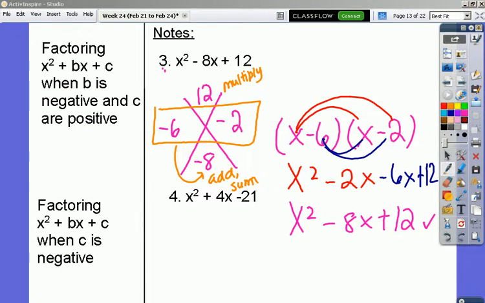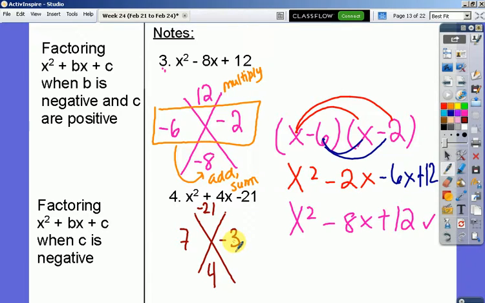All right, so same thing. I'm going to put the product on the top. What multiplies to be negative 21 and adds to be positive 4? 7 and negative 3, right. 7 and negative 3, perfect.